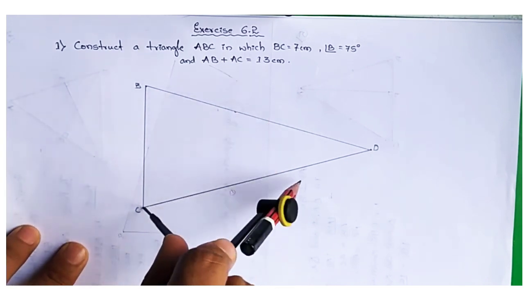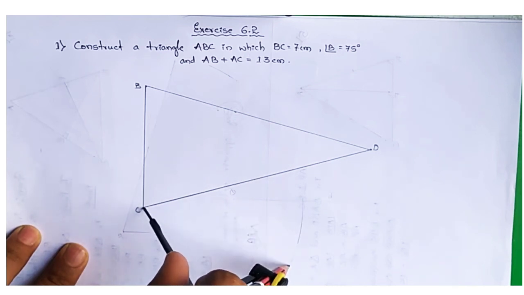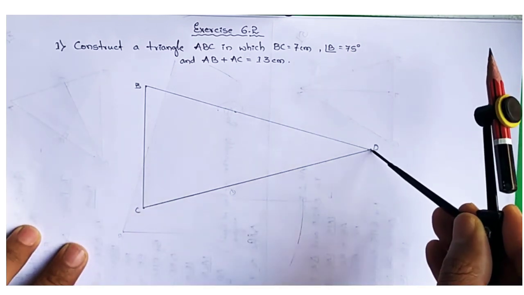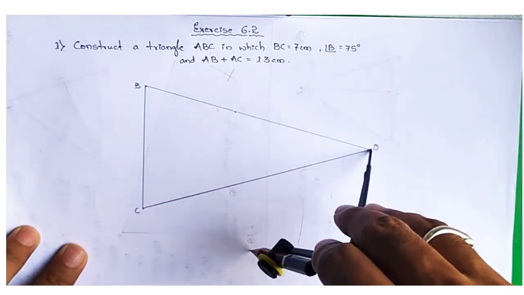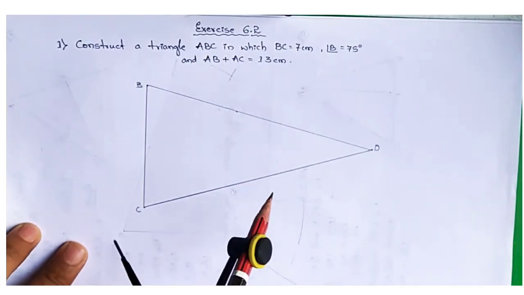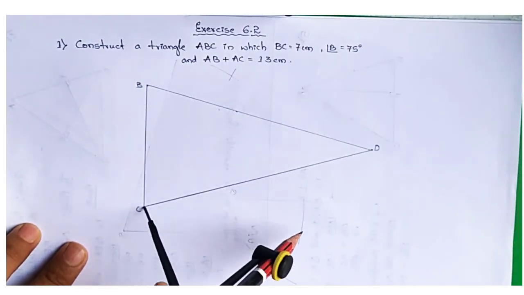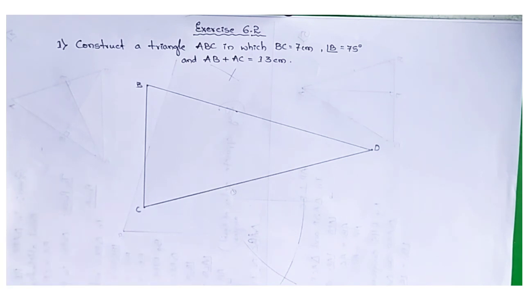The same arc I will do from the bottom side also. Now I will repeat the steps from D. Now I will join these 2 points.